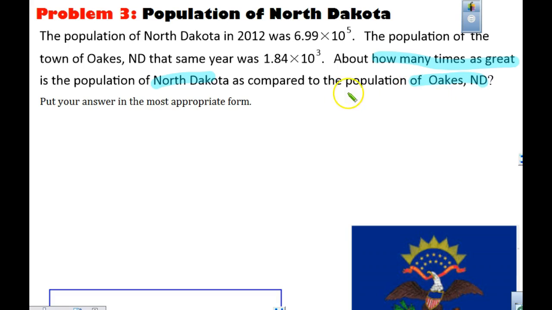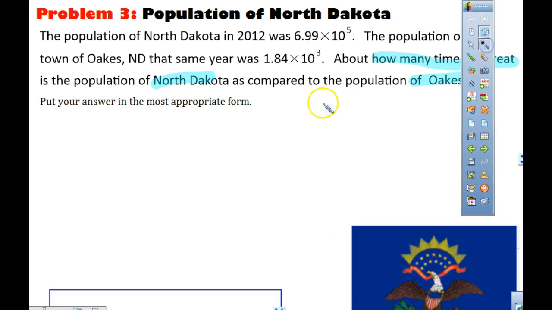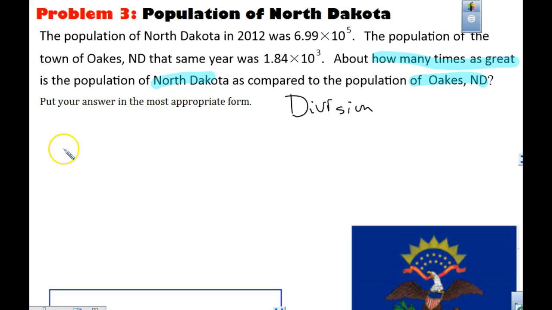Times greater means we are always finding, doing what operation? Division. Someone said multiplication because it says times in it. No. We are trying to see how many times the state of North Dakota's population is bigger than Oaks' population.